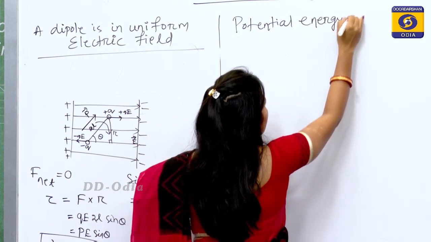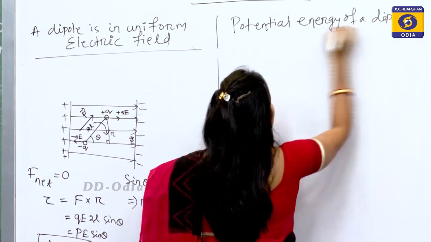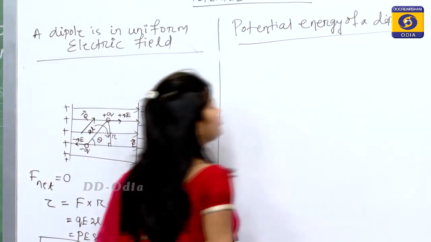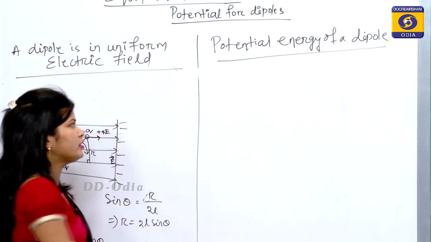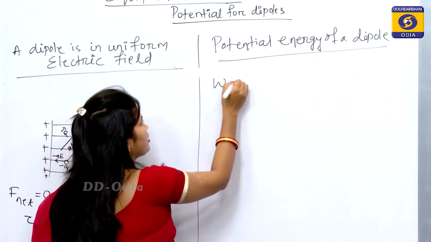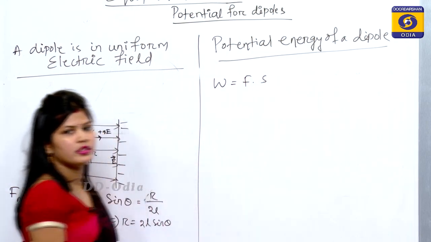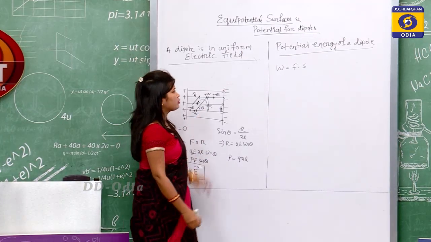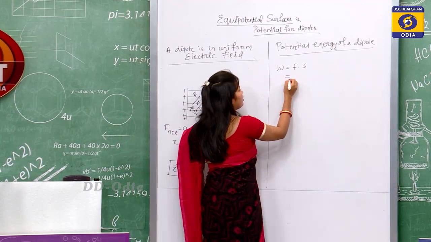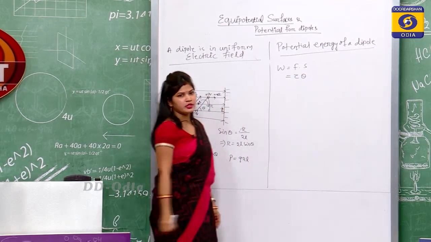Potential energy of a dipole. We know that work done is stored as potential energy. We know the formula, work done is force into displacement, but here as there is no net force, we have to put the formula in terms of torque, that is torque into angular displacement theta.